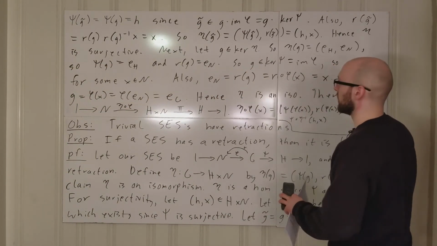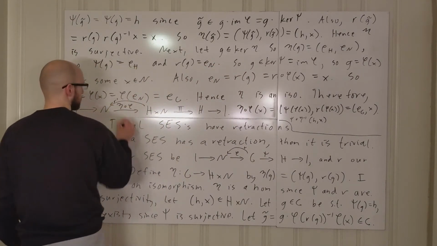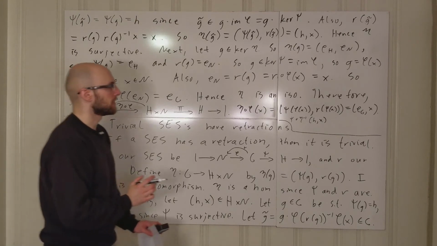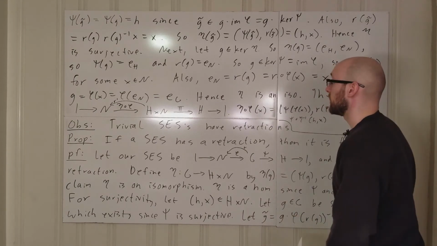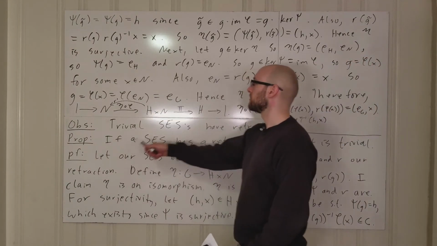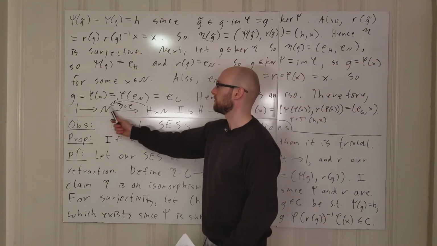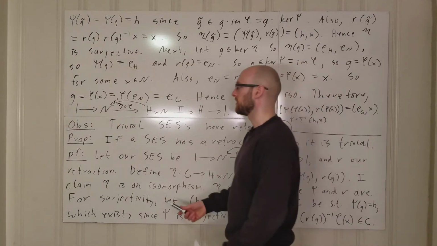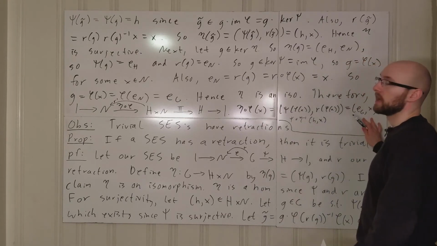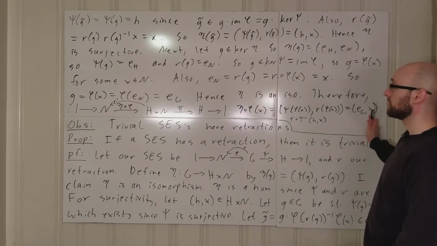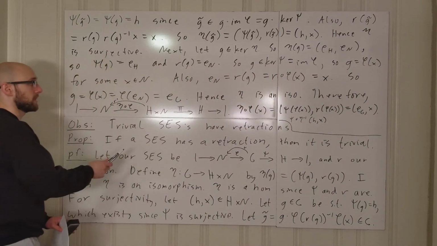If we let this backwards map be called R prime, to not confuse it with this R down here, and it just sends an element (h, x) to x, then obviously that's a homomorphism, but we need to check that composing with this will be the identity. But we just calculated here that eta of phi of x is x, and so if we send this through R prime, it's just going to give us x, which is what we started with. And so this R prime is indeed a retraction.